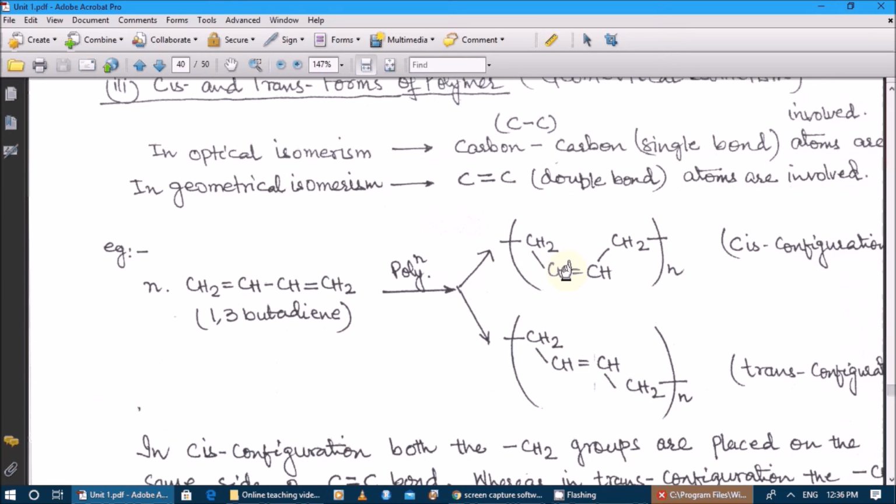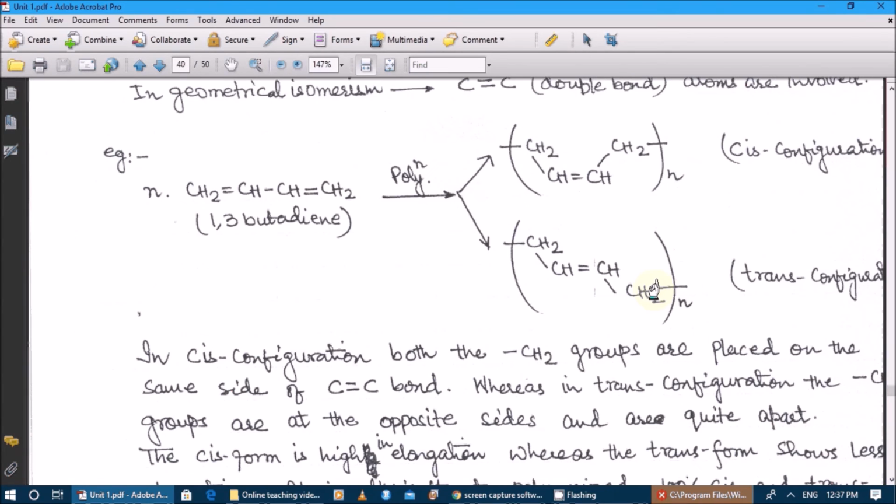You can see upon polymerization there is a carbon-carbon double bond, and these CH2 groups are on one side of the plane. Whereas in case of trans configuration, the CH2 groups are on the opposite side, meaning one CH2 group is above the plane, another CH2 group is below the plane.